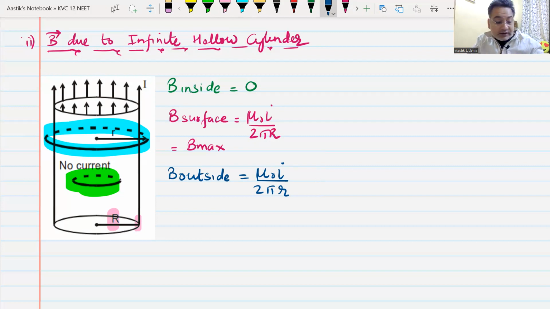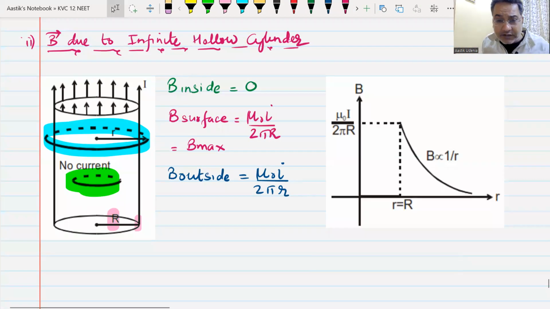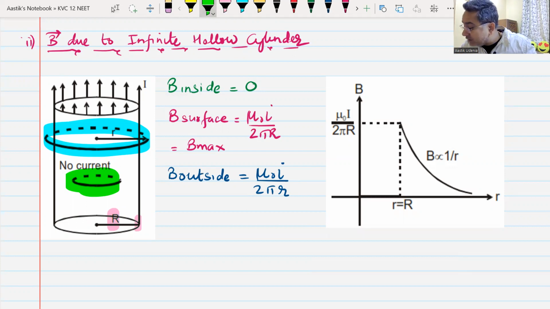Here is a small graph that tells us the variation of magnetic field with the distance from the center or the axis as a function of x. You can see inside is the region of green. This is the inside region, and you can see the magnetic field is 0.